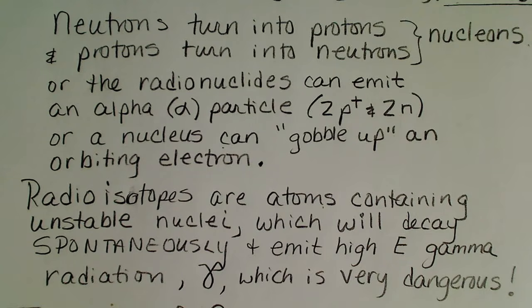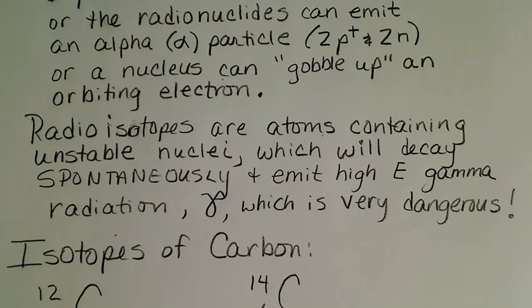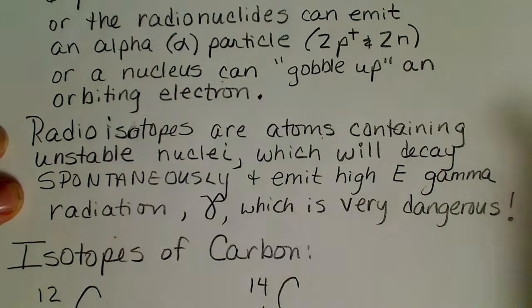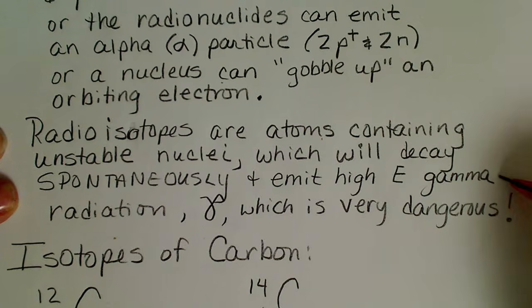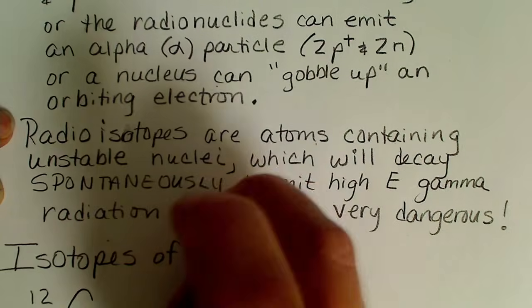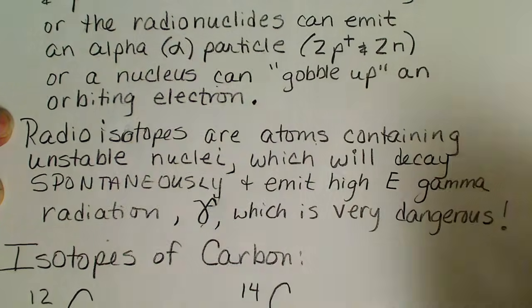We're only going to be concerned about the nucleus inside of each atom. If a nucleus is unstable or has too much energy, that nucleus will decay spontaneously and emit very high energy gamma radiation. And the Greek symbol for the letter gamma is this letter. So that's the symbol for gamma.